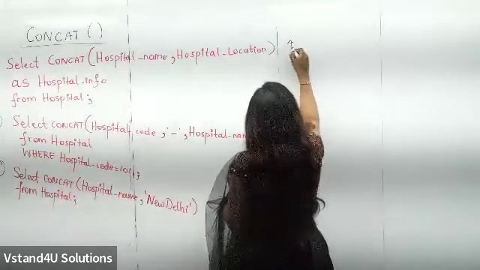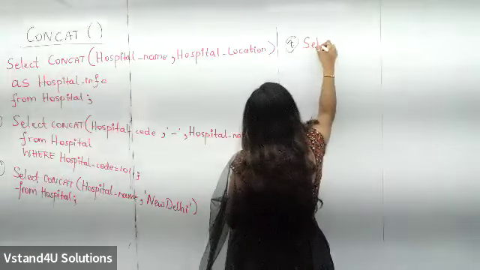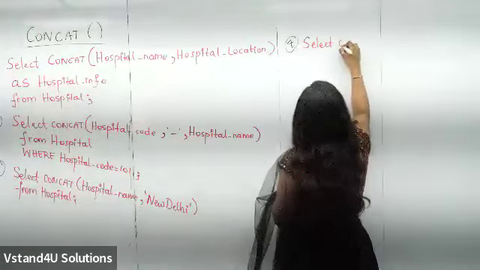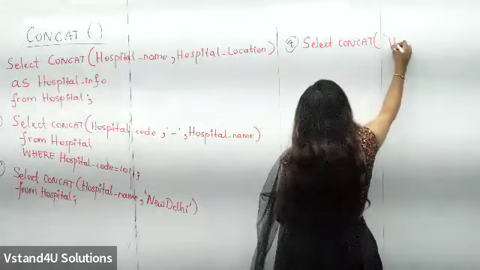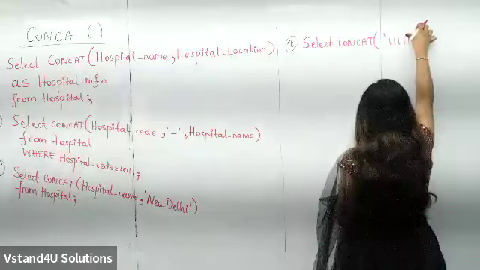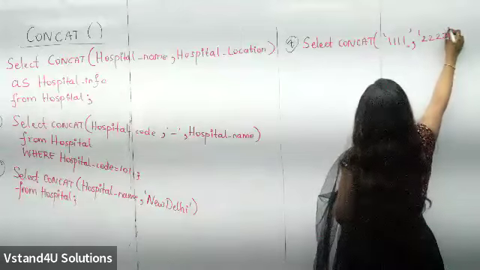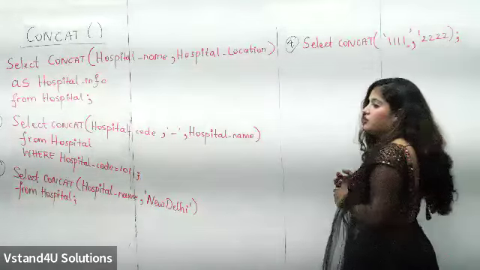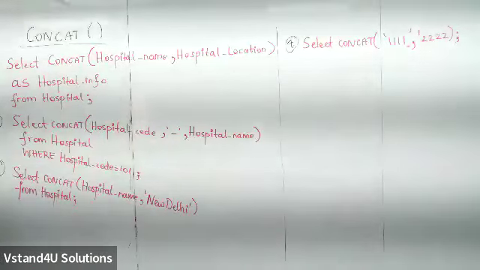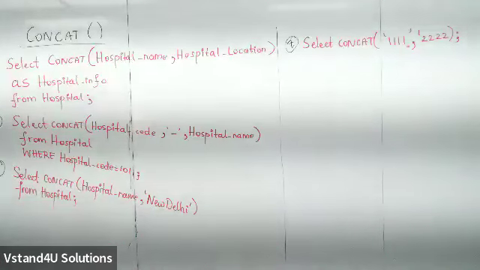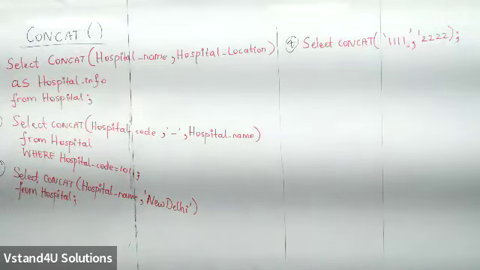So you will just write select concat 1111 comma 2222. Have they said from which table you are supposed to do? No. Clear with this? Dushyant, clear with this? Vivek, take down the next question.